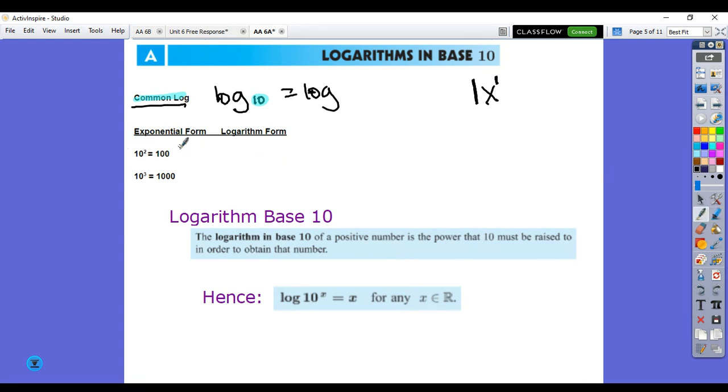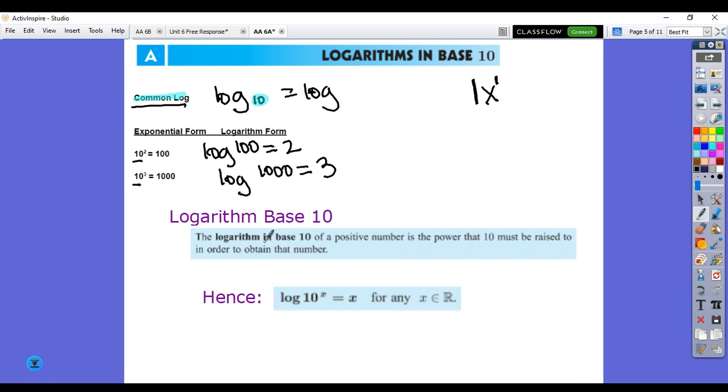So when I'm rewriting exponential forms and log base 10, notice both of these are base 10. I don't have to include that little 10. We say that log of 100 equals 2. Log base 10, don't have to write it, of 1,000 equals 3.